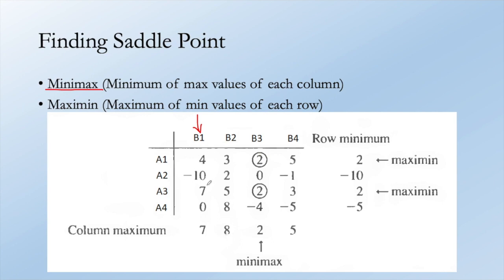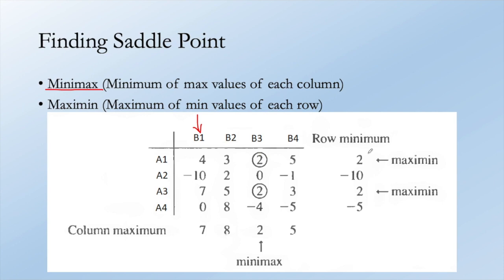So we find the maximum across each column. Similarly, when it is Alice's turn and she plays A1, she knows that Bob will try to select the strategy which will minimize her chances to gain. So she will select the minimum value out of this particular row. So we take the minimum across each row.